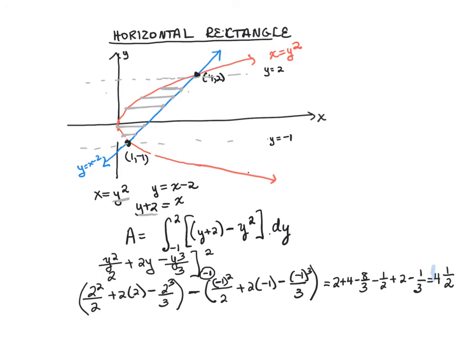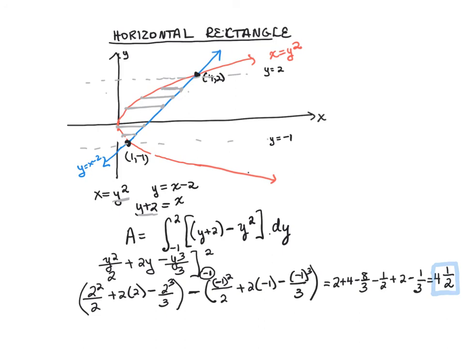A good exercise is to evaluate the integral that we wrote on the previous page in terms of x and verify that the answer is 4.5. All right, so that takes care of our lesson dealing with area between two curves, where we would integrate in terms of y.